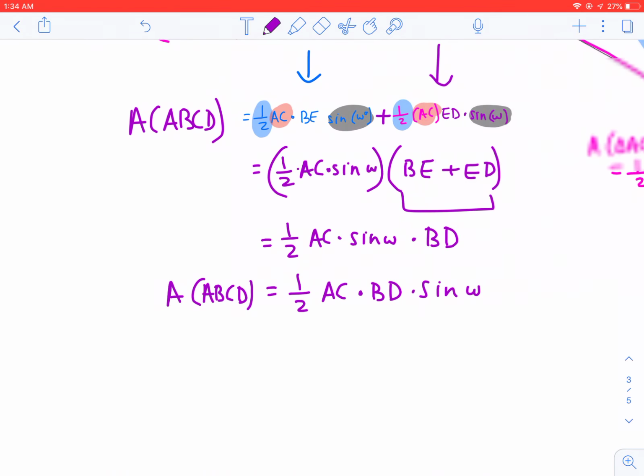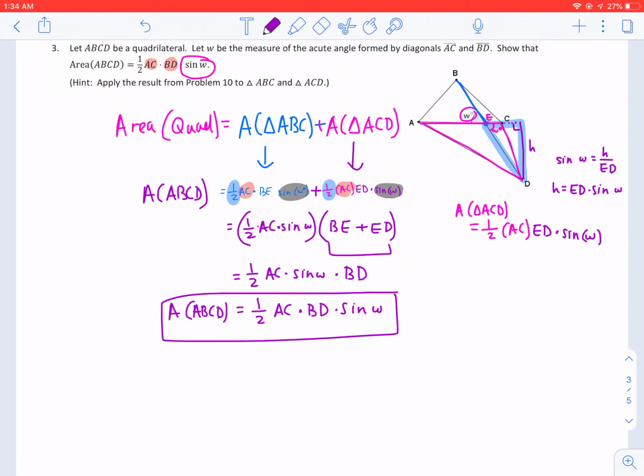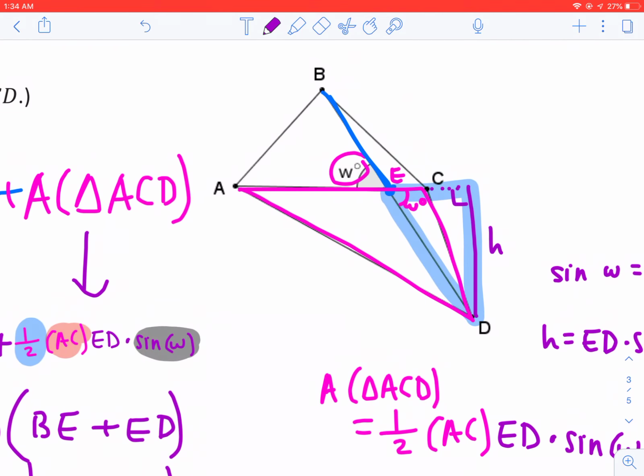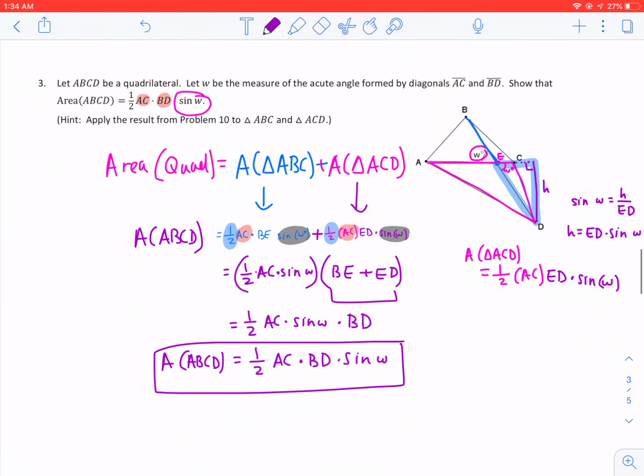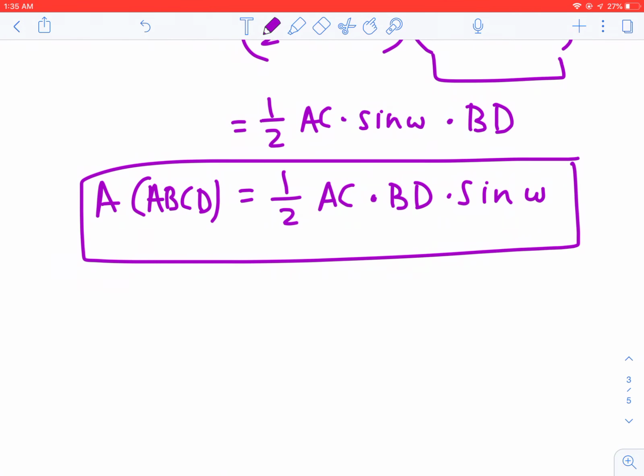And in fact, this will work because we did this all with letters, and in general, this is going to work for any quadrilateral, right? So again, don't memorize these letters. They don't mean anything.